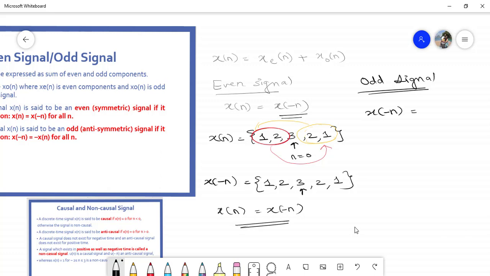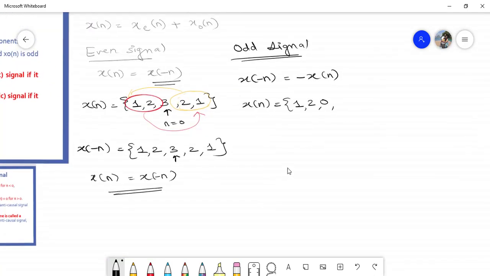So let's take for this example x[n] equal to, let's say, 1, 2, 0, minus 2 and minus 1. So this is my x[n]. Let's first calculate x[-n], or the time reversal signal.